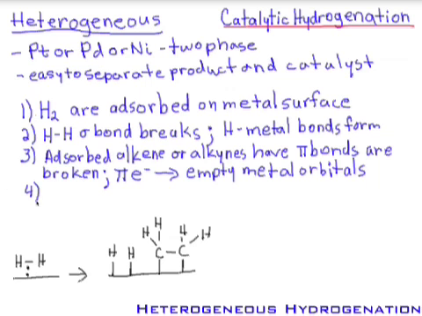Finally, in step 4, the alkene molecules and hydrogen atoms are surface mobile. That is, they move around the surface. The alkene moves along the surface of the catalyst until it collides with an H atom.